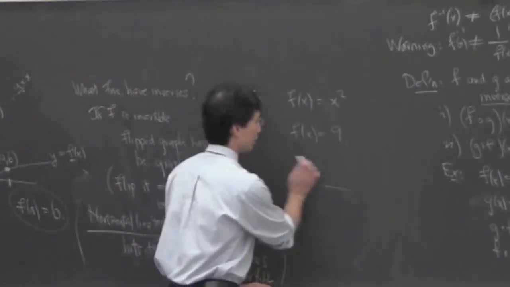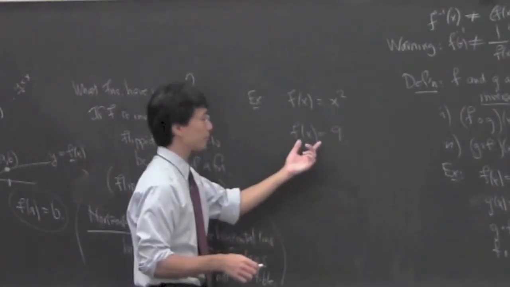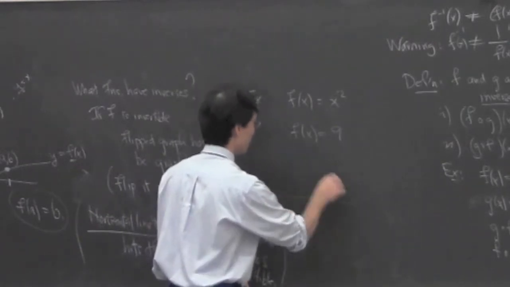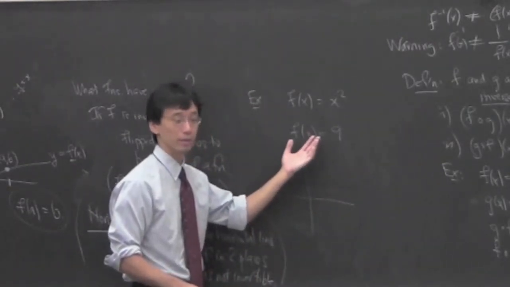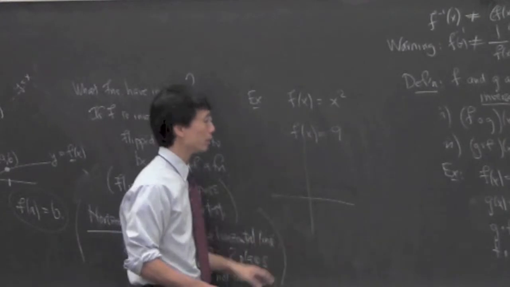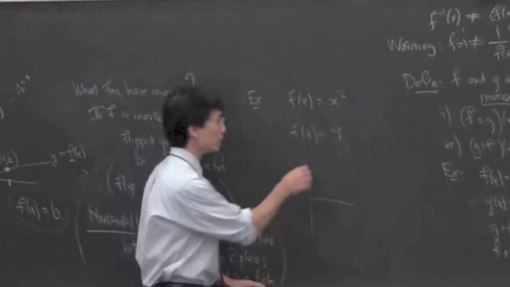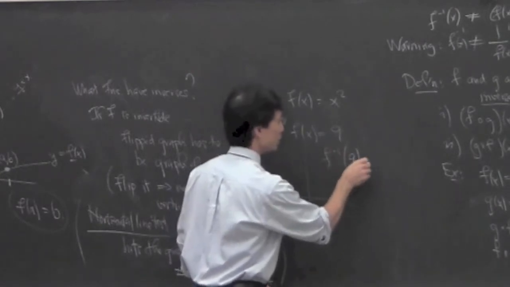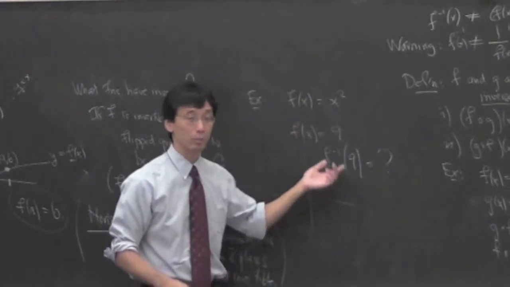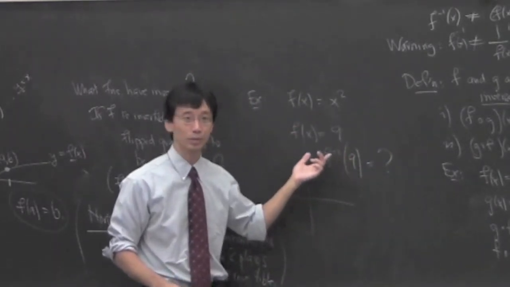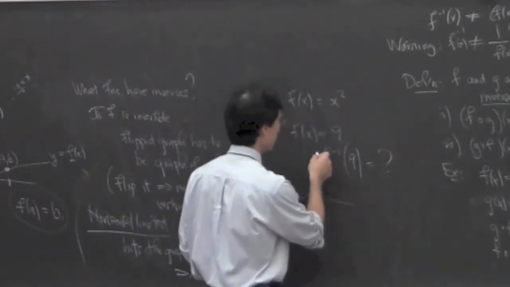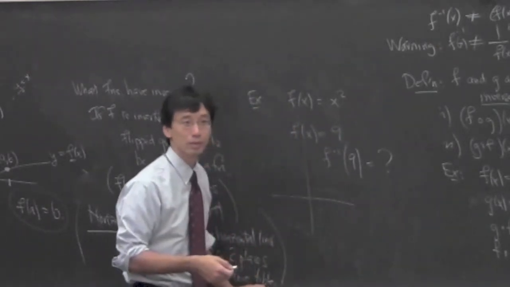You don't know which one to take to define the inverse. So the inverse of 9 could be 3 or it could be negative 3. There's trouble, so this function doesn't have an inverse.